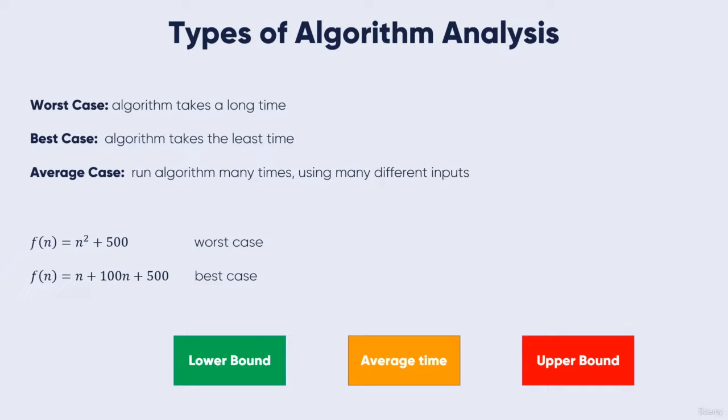So as we increase the order of n, like n to the power 1, n to the power 2, n to the power 3, the worse the algorithm is going to be. As the n order decreases, the algorithm's performance and execution improves. So the lower the n order, the better the algorithm.